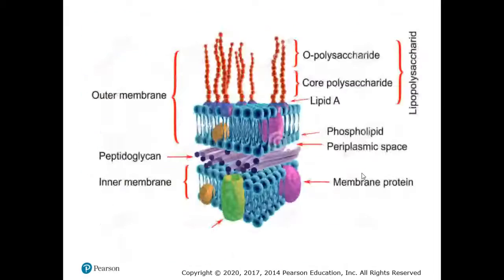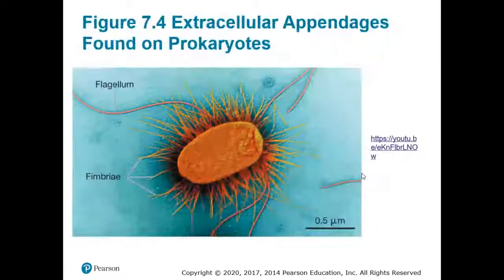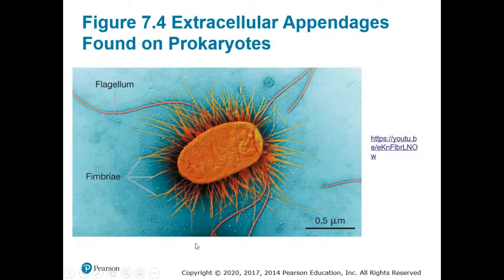Let me see if I have a picture. Fimbriae are these hair-like structures right here. They have flagella that allow them to move. Flagella are most specifically for movement. Fimbriae are more specifically for attachment, so they can attach to other bacteria and also to surfaces.